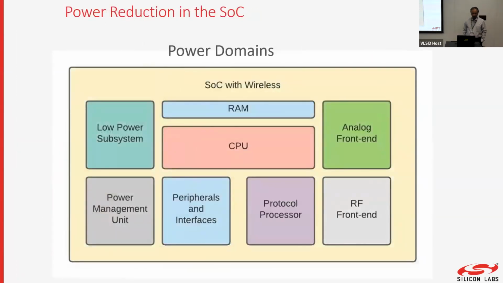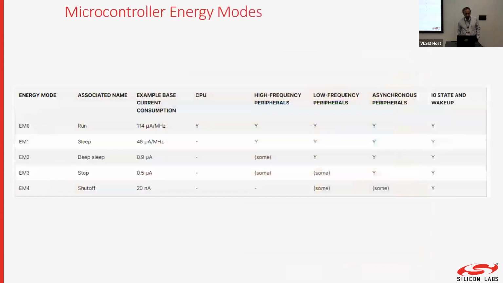So now let's look at how we can convert an SoC into a form in which we can conserve energy. Let's look at a few ways in which microcontroller chips have power modes, which are actually energy modes. If you take a typical ARM microcontroller, you will find several energy modes.